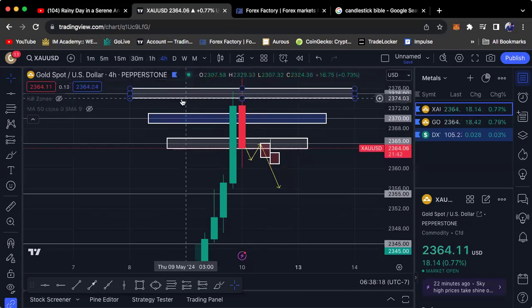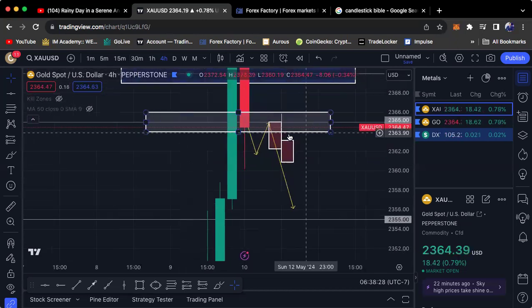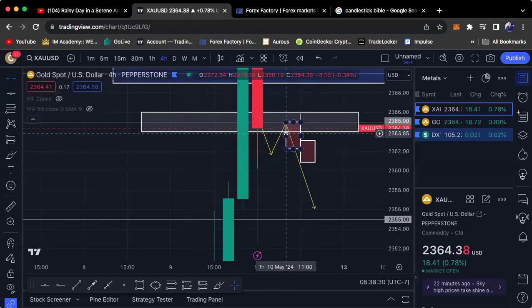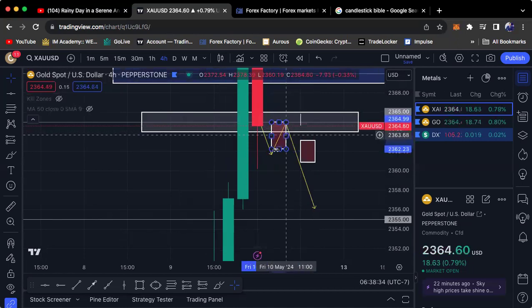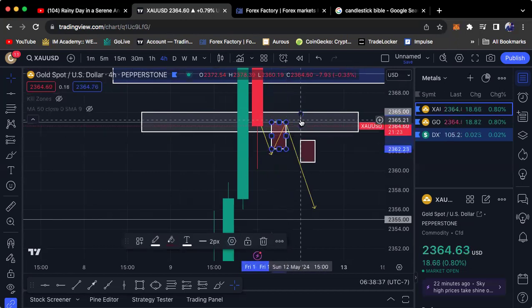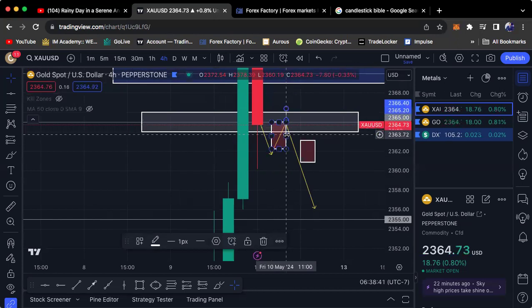So I like to look at the 4-hour for confirmation as well to see if it opens up bearish. If I get that wick on the 4-hour, I can catch that move for a sell.